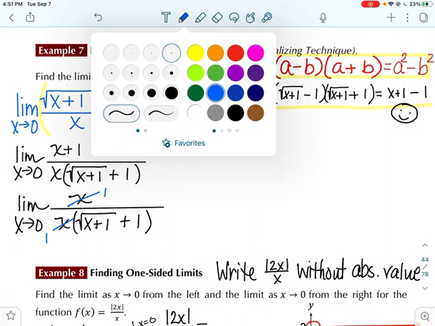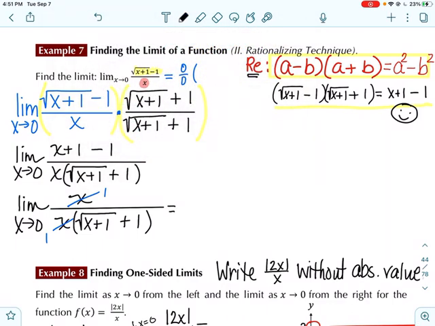So now we have the limit as x approaches 0 of 1 over the square root of x plus 1 plus 1, and we're ready to simplify. This is 1 in the numerator, and do a direct substitution with your x.